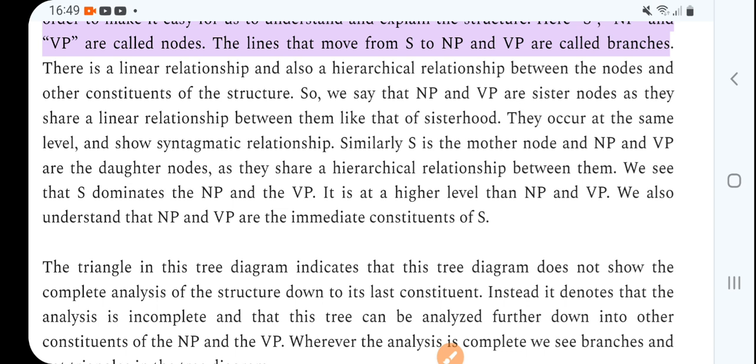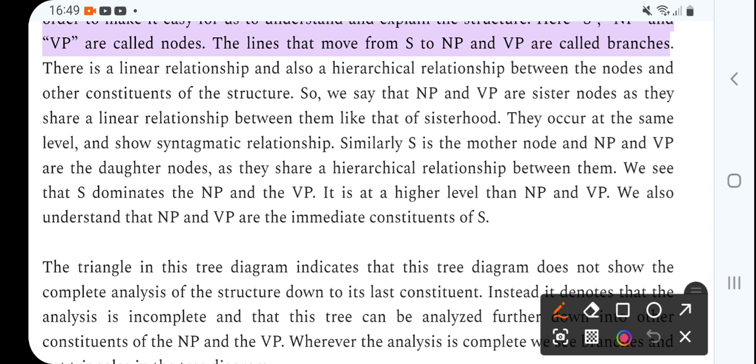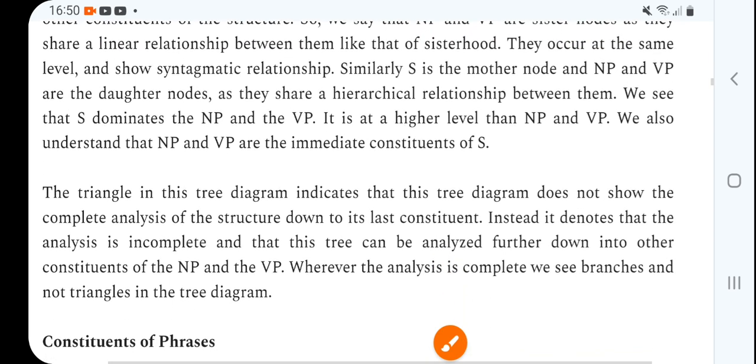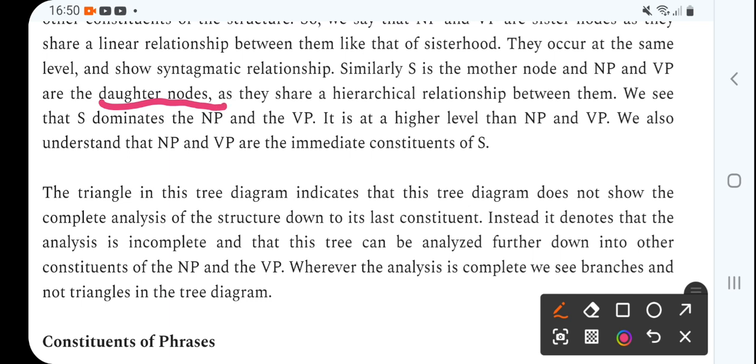So we say that NP and VP are sister nodes. Important, NP and VP are sister nodes as they share a linear relationship between them, right? So that is called sister nodes. They are also daughter nodes, as they share a hierarchical relationship with S. We see that S dominates the NP and VP, and is at a higher level than NP and VP.